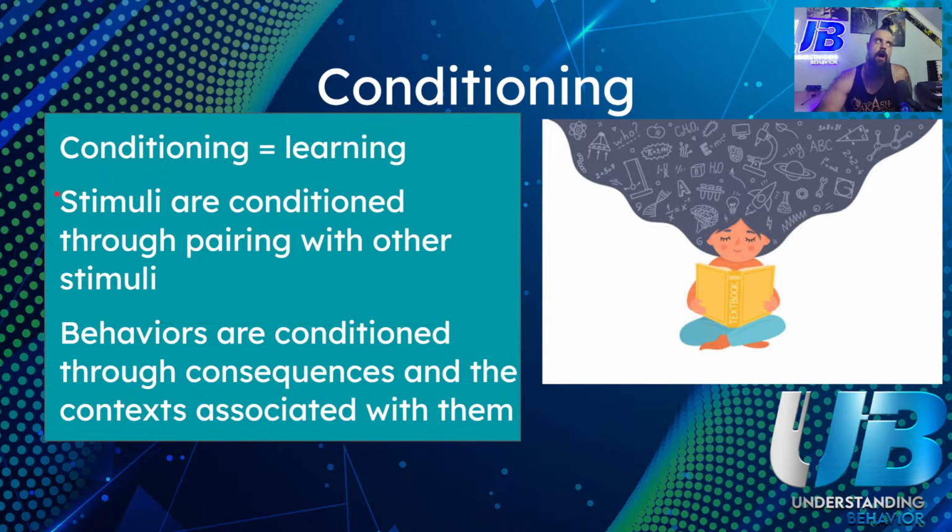So they're paired through pairing with other stimuli. Behaviors are conditioned through contacting consequences. So again, consequences don't affect our respondent behaviors as much, but when we talk about operant behaviors, we know consequences are the most important thing that control these behaviors.